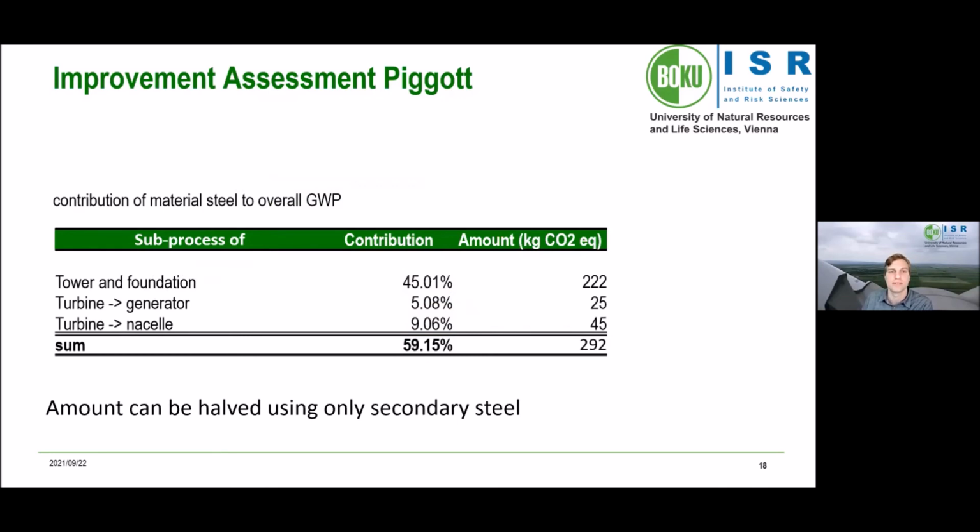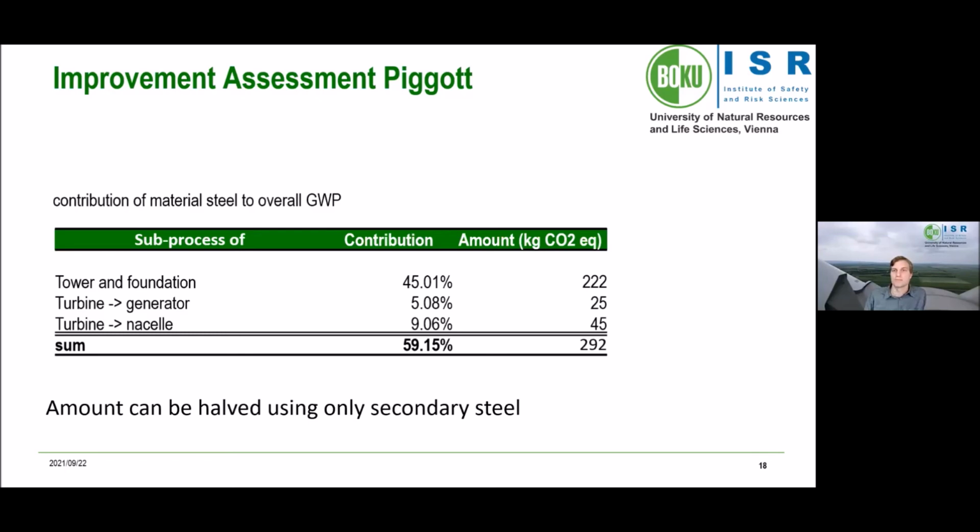Sorry, this is the Piggott turbine. But overall, if we take all the subsystems together, steel has a 60% contribution to the global warming potential. And this can be approximately halved if we use only secondary steel.